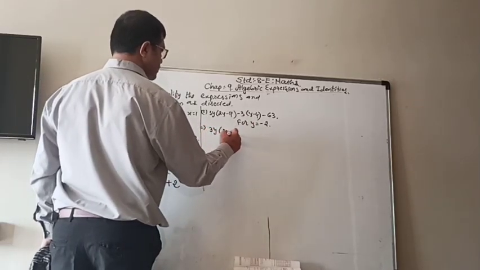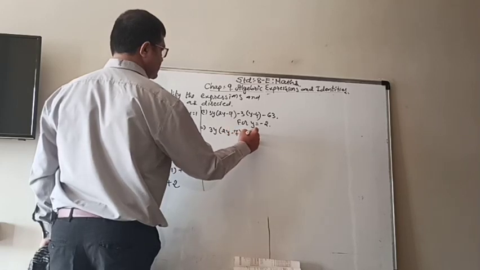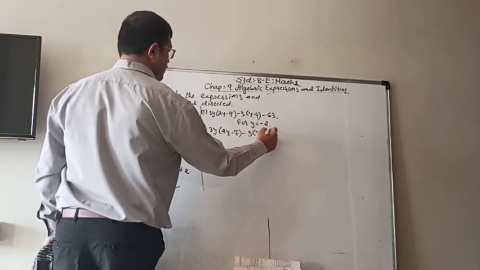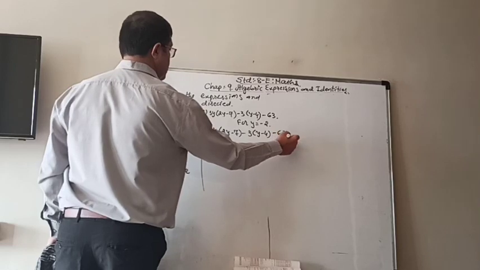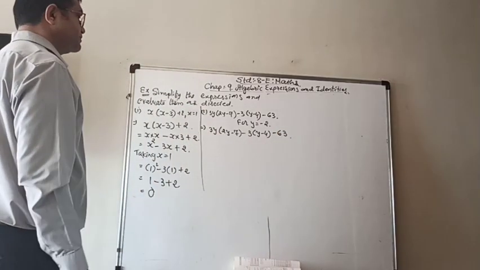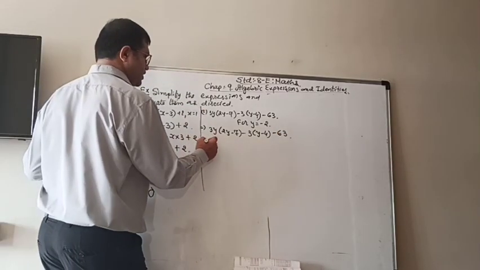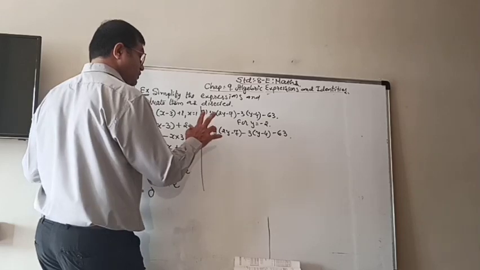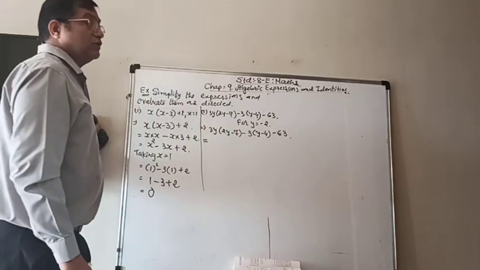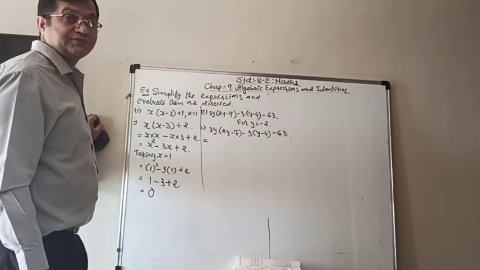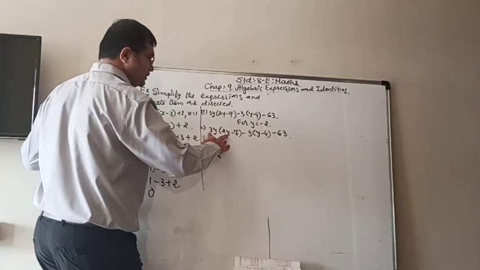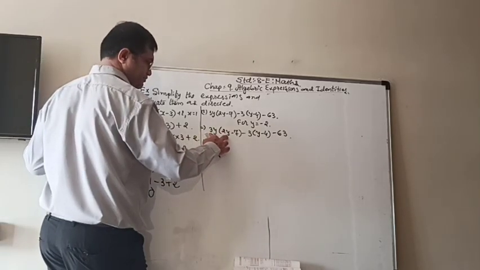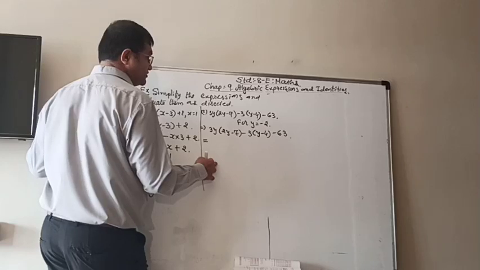3y(2y - 7) - 3(y - 4) - 63. So here you can now use your mind. You don't have to write down all the steps. First multiply these two terms and write down the final answer.